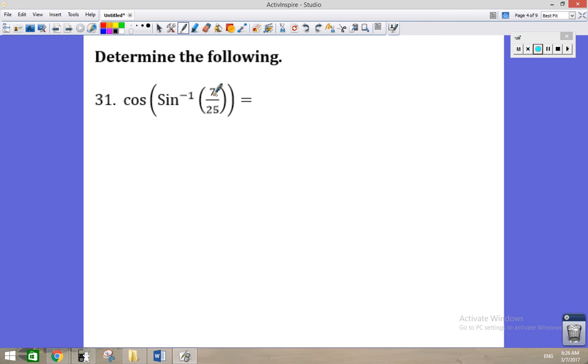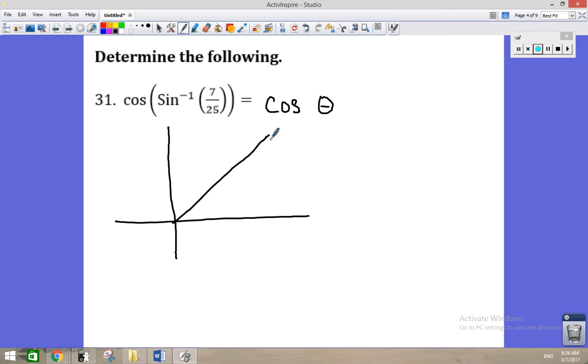This inverse sine of 7 over 25 is an angle. I'm going to let that angle be called theta, and I'm going to draw a reference triangle. With regards to the ratio of this right triangle, the sine is the length of the opposite leg over the hypotenuse.